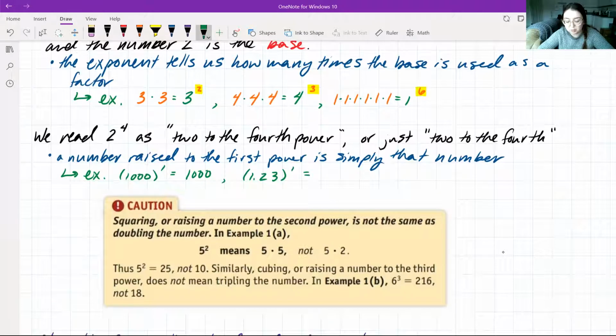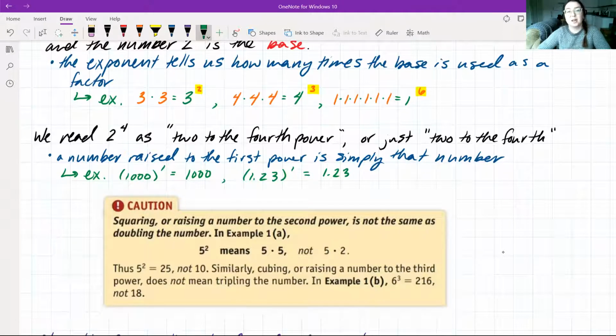Then we have 1.23 to the power of 1, so our answer will be 1.23. Similarly, 1 raised to the power of any number is always going to be 1. As before, when we saw 1 to the power of 6, the answer is just 1.